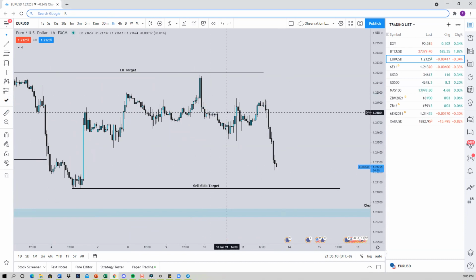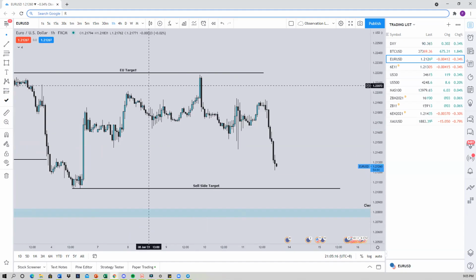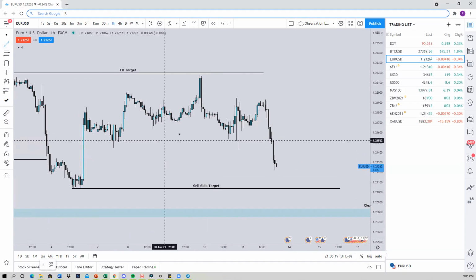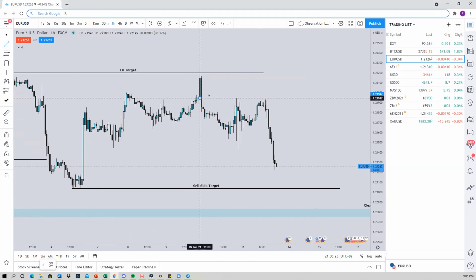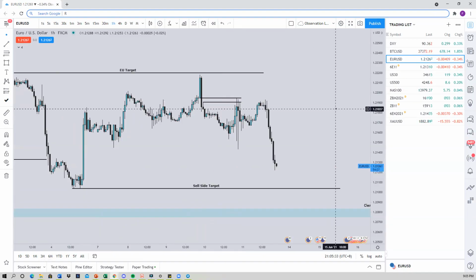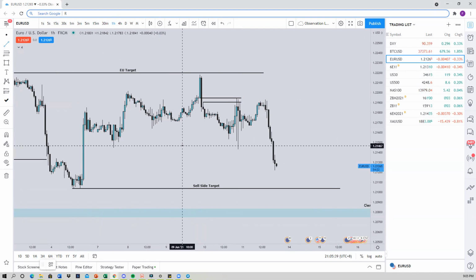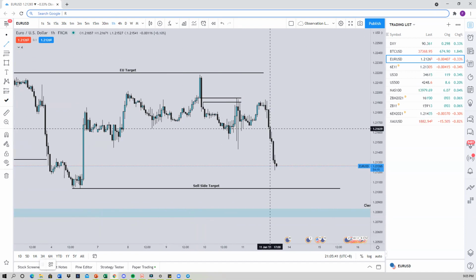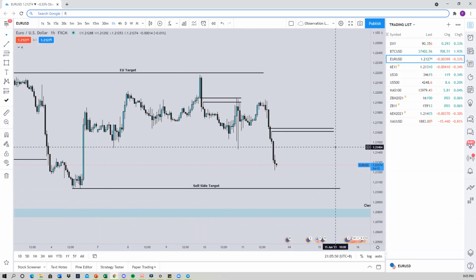Now you can see, and this part I'm going to further elaborate on Sunday, that price over here stopped at a certain region. So draw this out here and here. Now this is a fair value gap. This over here, let's say something like this, is not a fair value gap.